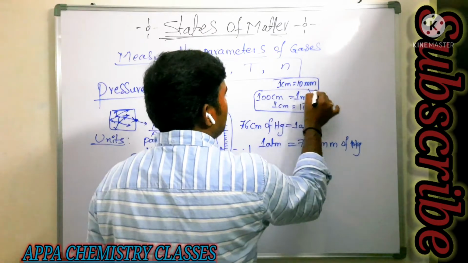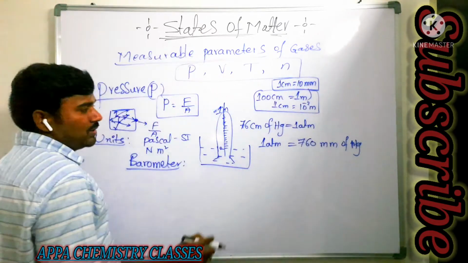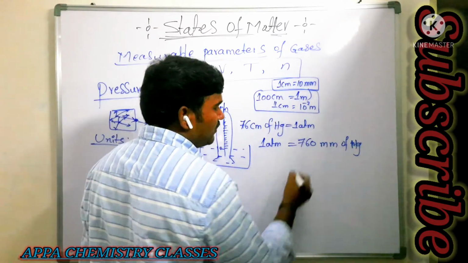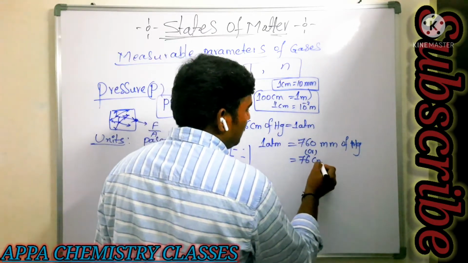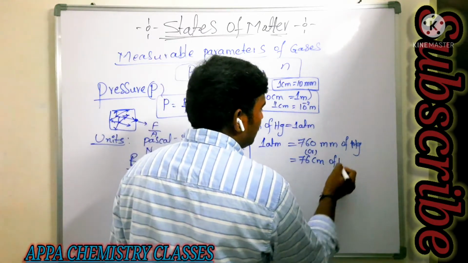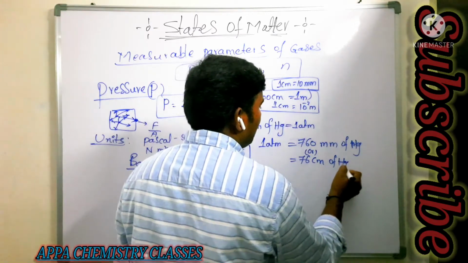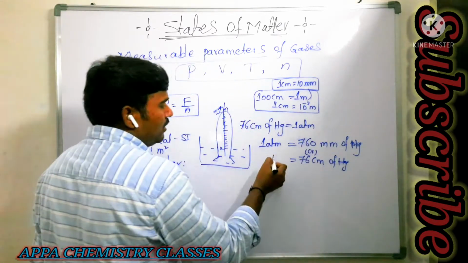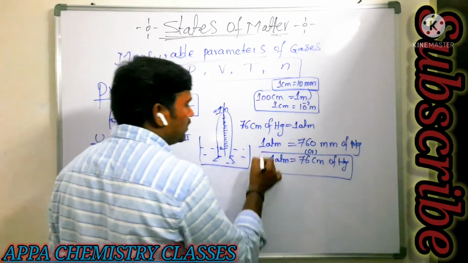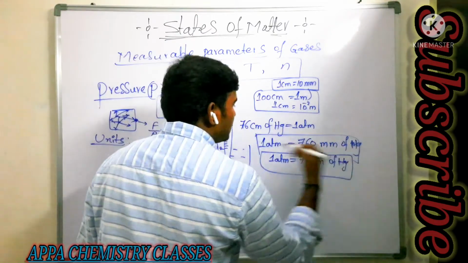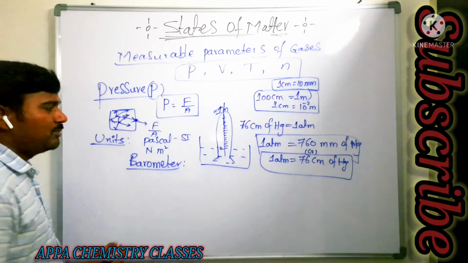So we get 760 mm of mercury, or else 76 centimeter of mercury. That is 1 atmosphere. So this is the unit in millimeters and in centimeters.